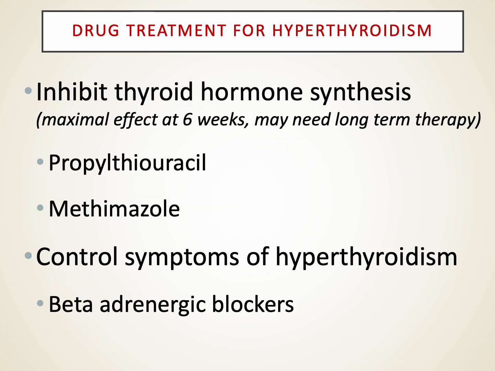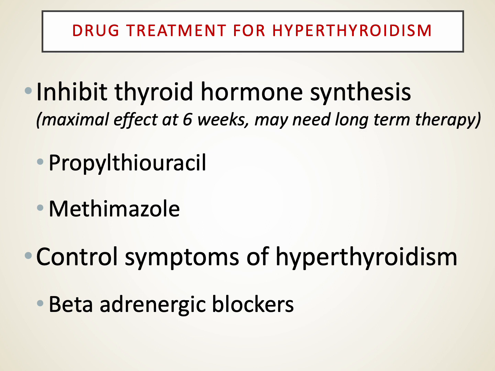The drug therapies we use for treating hyperthyroidism inhibit thyroid hormone synthesis. It may take a few weeks, up to 6 weeks, before we see the expected benefit, and patients may need longer-term therapy. Hopefully they are also going to be evaluated for ablative therapy of some kind.